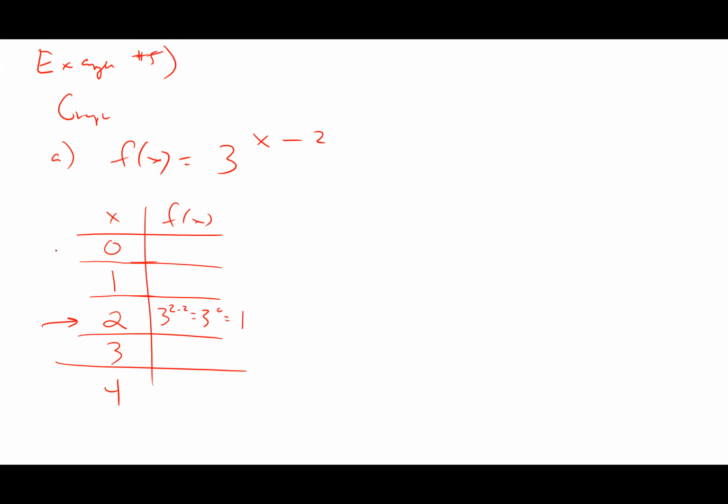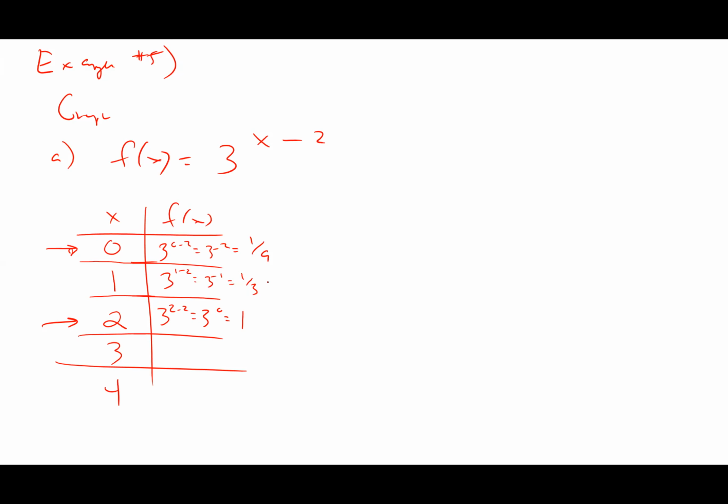And usually we want to at least get back to the 0. That's what we want to do because we want to see what the y-intercept is. So 3 to the 1 minus 2 makes 3 to the negative 1, makes 1/3. 3 to the 0 minus 2 makes 3 to the negative 2, or 1/9. Everybody agreed there?